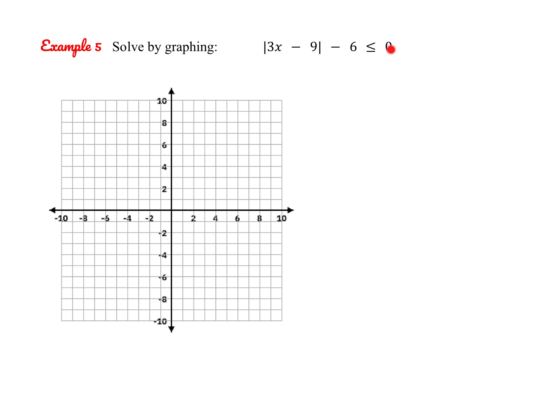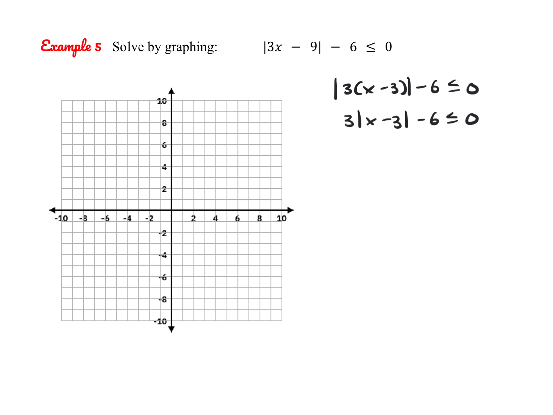All right, so let's give this one a try together. Here, one side of our inequality is already equal to 0, so now I just need to graph my inequality. So I am going to start by factoring the 3 out, and then I'll simplify it out front, so it's much easier to graph.